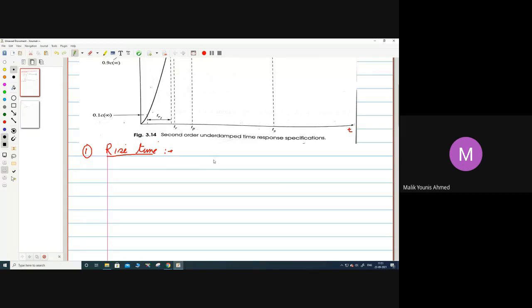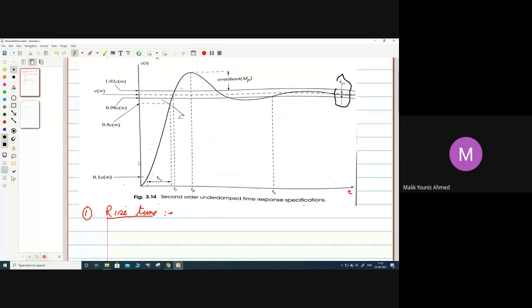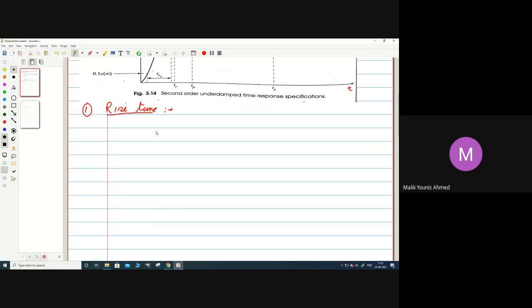Final value is C of infinity. In between these two points is called the rise time.